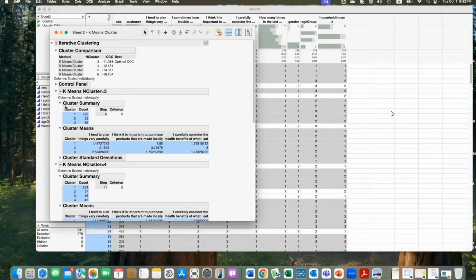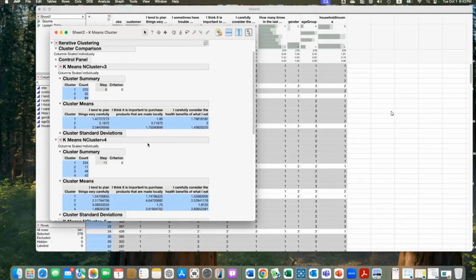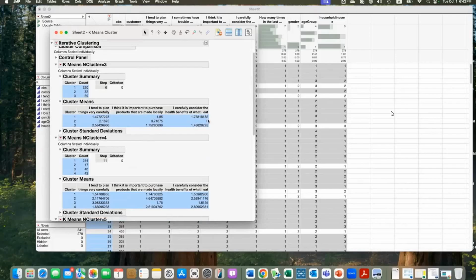So here, let's see the 3 clusters. We have cluster first with 220 data points, the second one 32, and the third one 89. Okay, and here is the mean, the average value of each variable, and you can try to summarize, right?